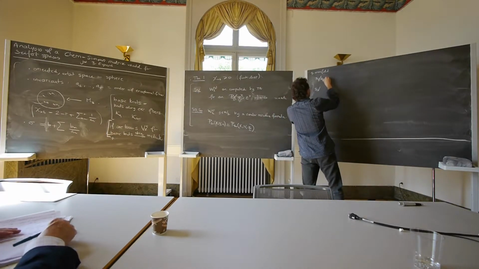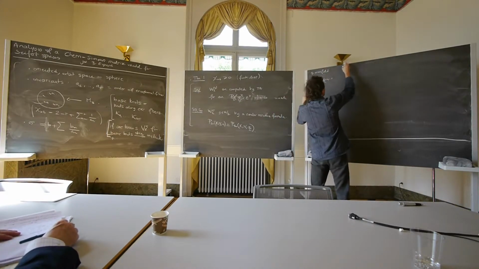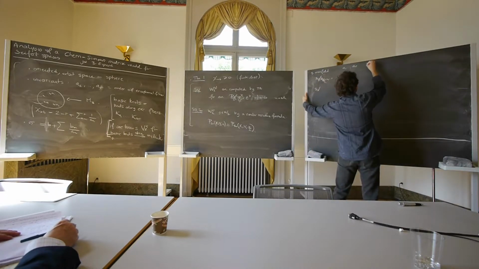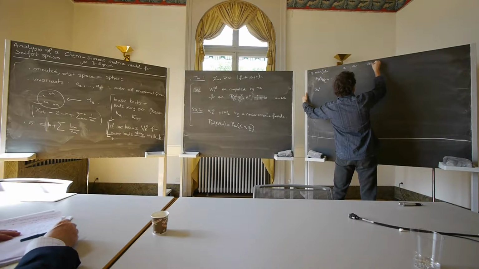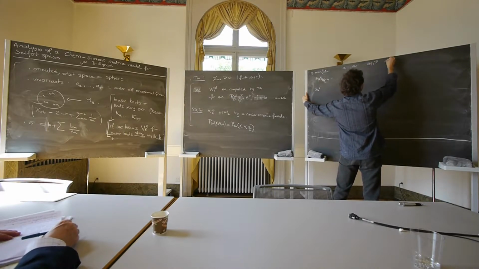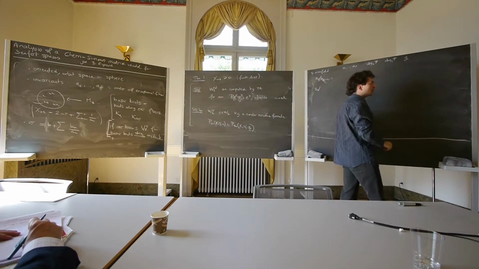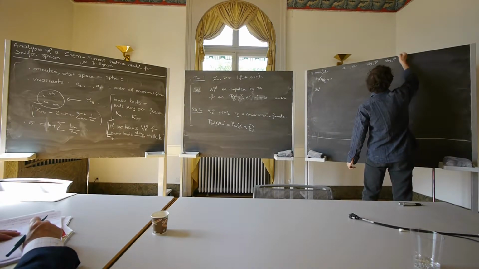So here I will write the order of exceptional fibers. Here I will write the degree of X in P, the degree of Y in P. I write the genus, so maybe I should write capital G, the genus.